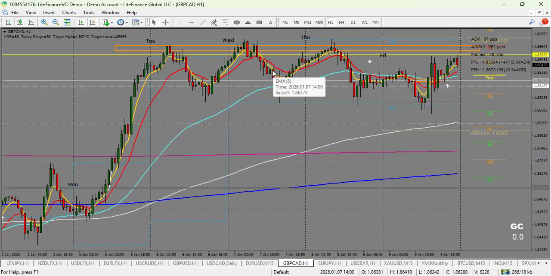So I still see GBPCAD has to fall before going up to fill the void liquidities.